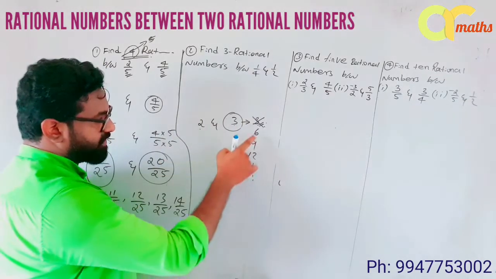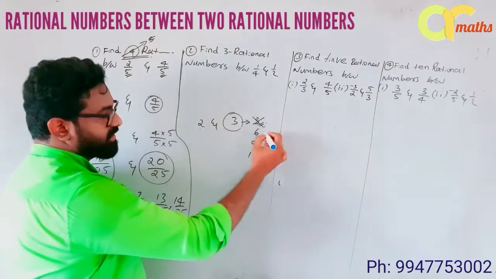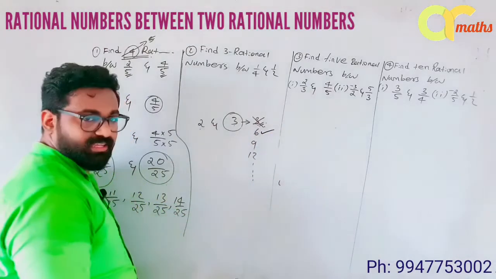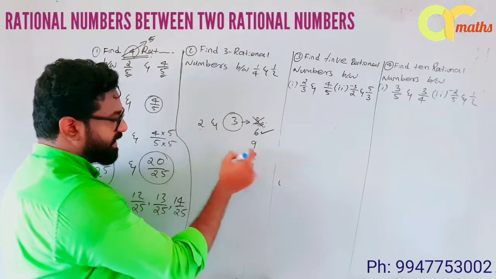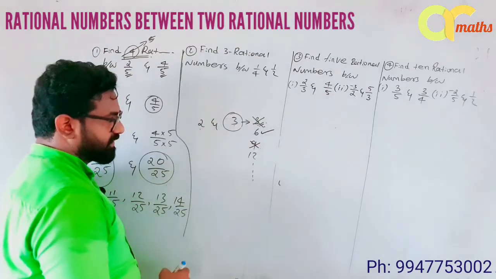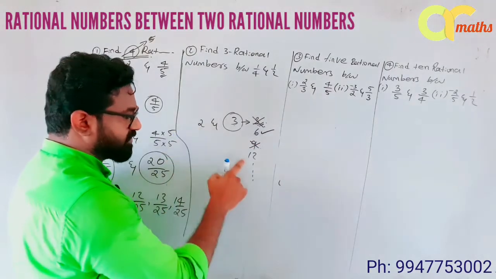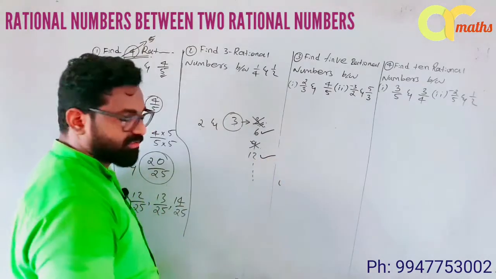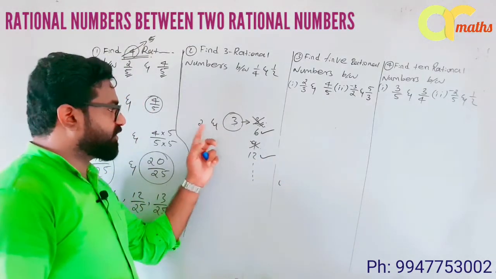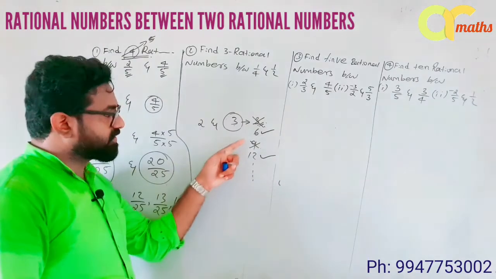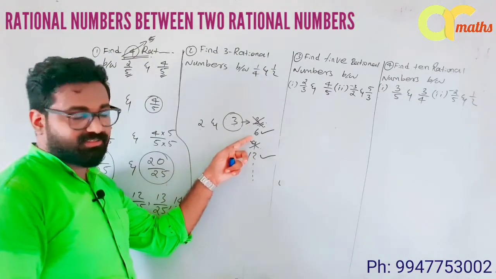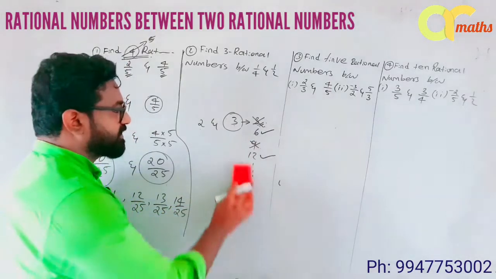Can you divide 6 by 2? Yes, so it is the LCM. Next, can you divide 9 by 2? No, it is not the LCM. Can you divide 12 by 2? Yes. Then what is the LCM of 2 and 3, 6 or 12? LCM is the lowest value. What is the lowest value? 6. So the LCM of 2 and 3 is 6.